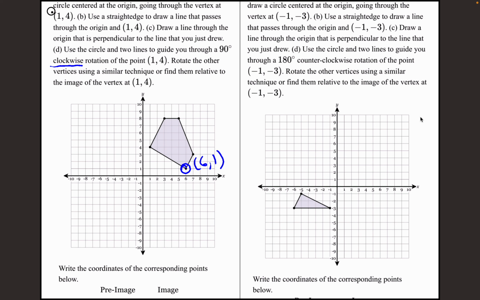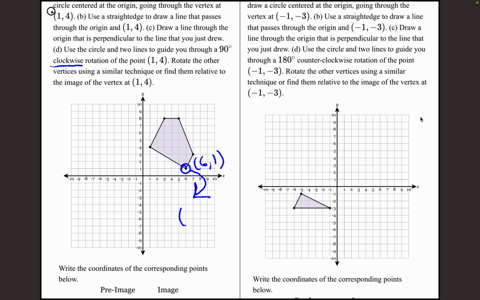So that means I need to go here, because that's clockwise, so I'm going 90 degrees to the next quadrant. When we have 6, 1, what are my coordinates going to be for 90 degrees clockwise?